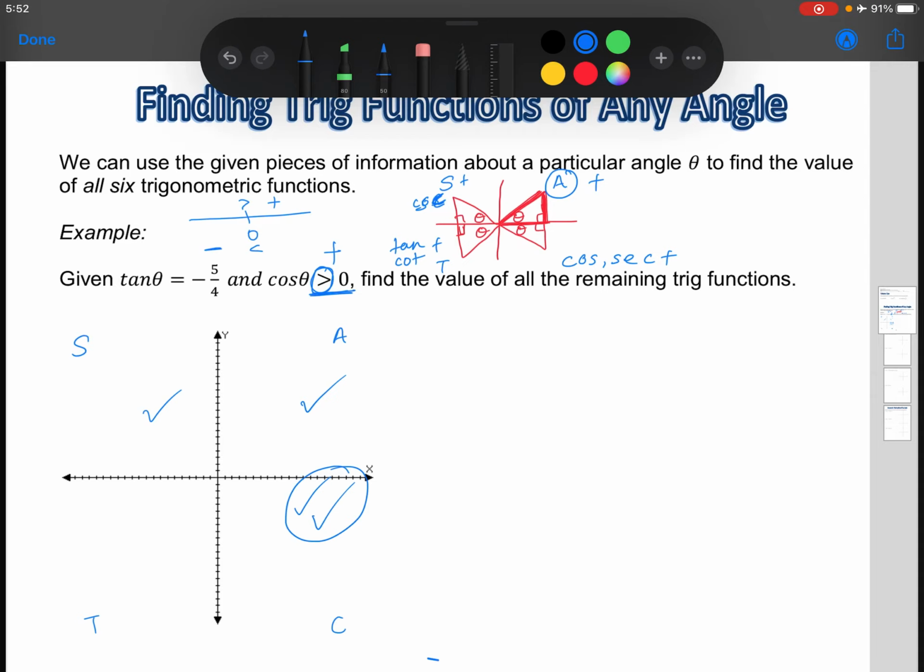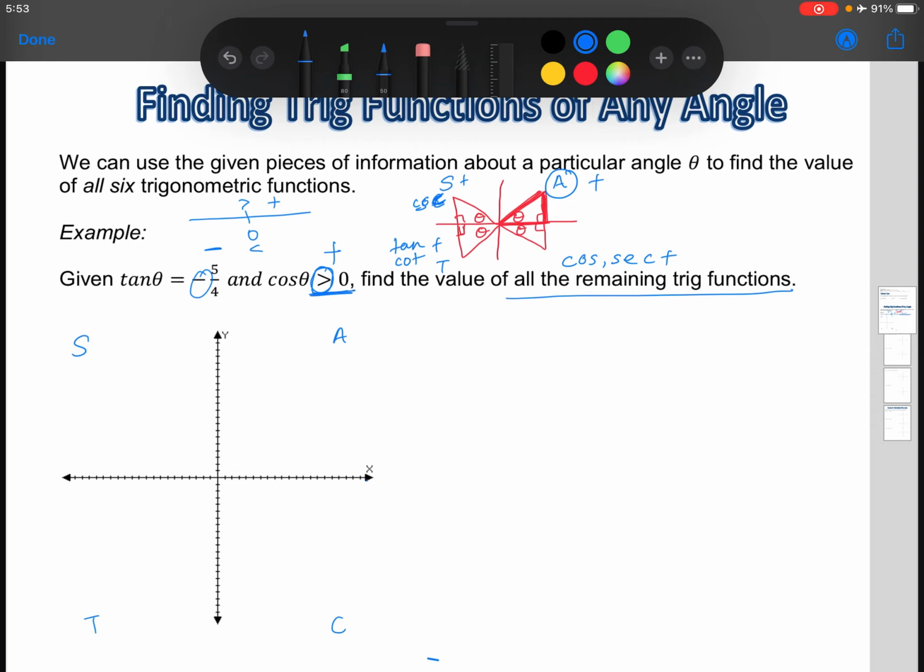That's how you determine it. Or if you don't want to do the checks, you can just understand by looking at the signs. Where is tangent negative and cosine positive? It's only in the fourth quadrant. So I know only if we're in the fourth quadrant, only cosine is going to be positive and secant. So I want to write the value of all the remaining 6 trig functions.